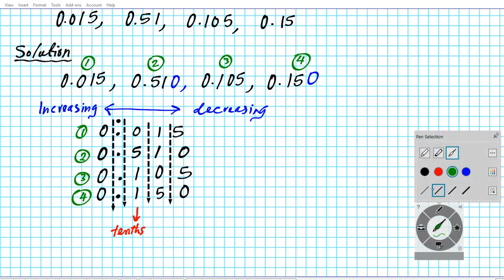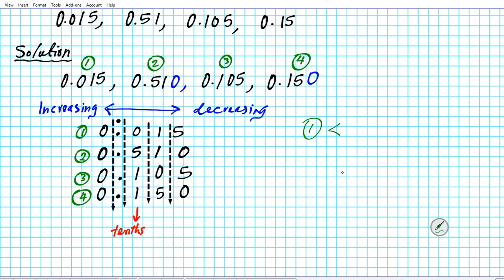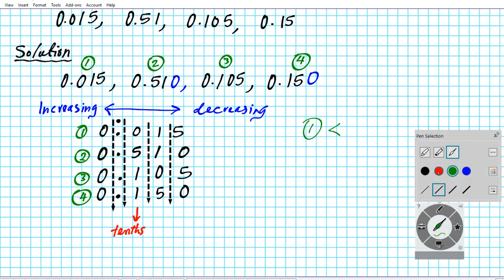Now what's next? You notice that 3 and 4 are equally smaller than number 2. They're both 1s. Since these two are a tie in the tenths place, what do we do? We have to advance to the next place value, known as the hundredths place.